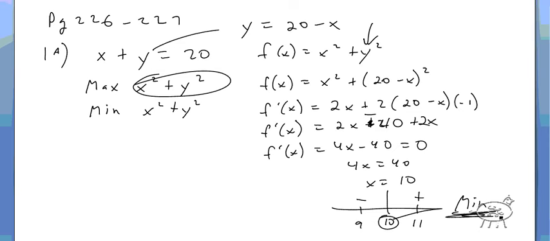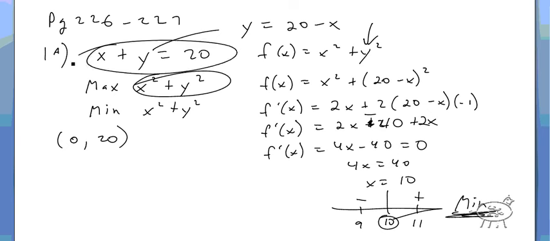So what I'm going to do is test x is 0 and y is 20, because it has to equal 20, and I plug it into x squared plus y squared. I get 0 squared plus 20 squared, and that's equal to 400.